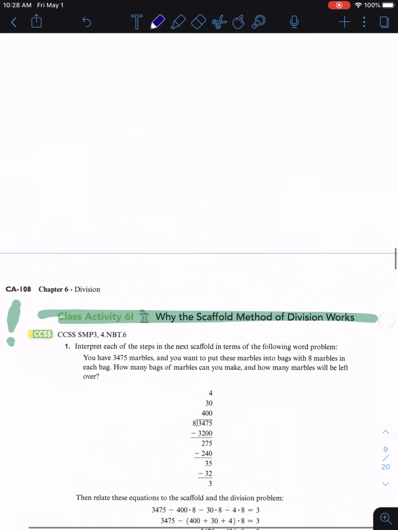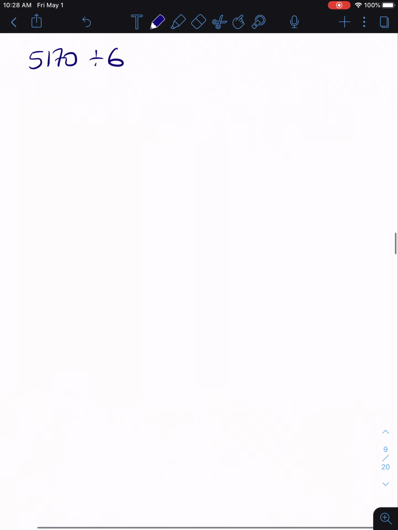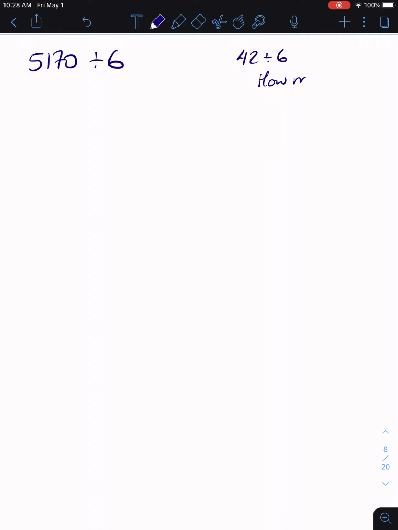So let's take a look at what happens if we have to divide 5,170 by 6. Well, if we had to divide, let's say, 42 by 6, kids could say, I can see how many groups of 6 are there in 42.